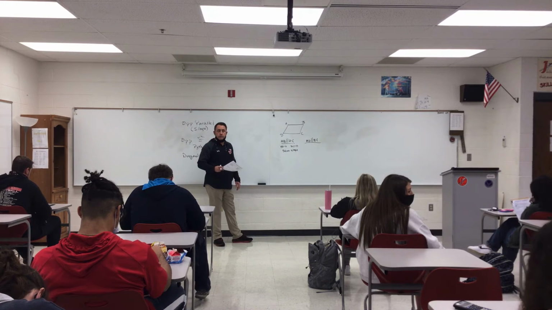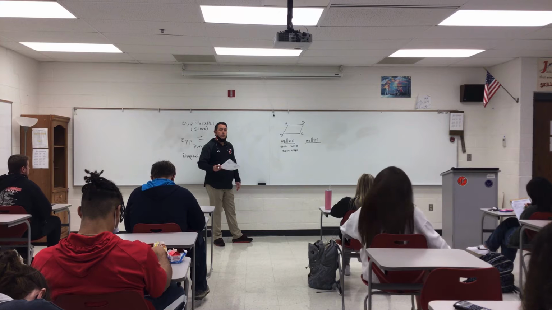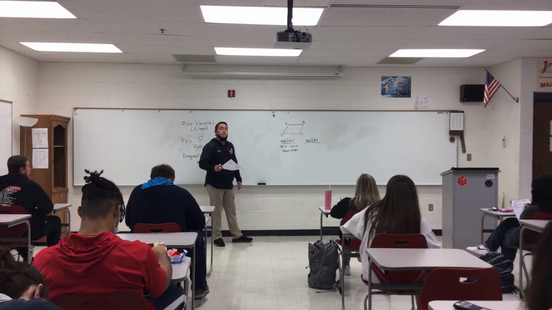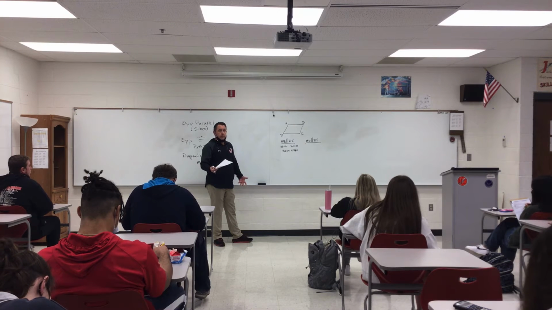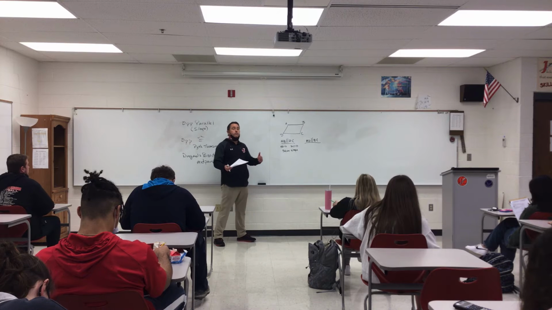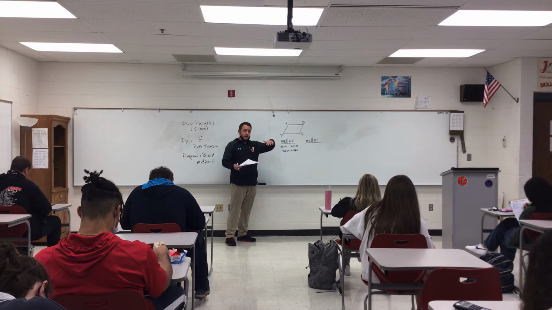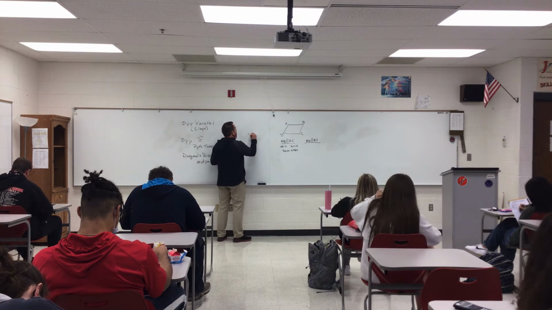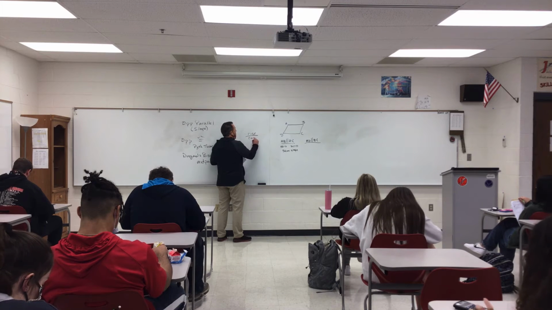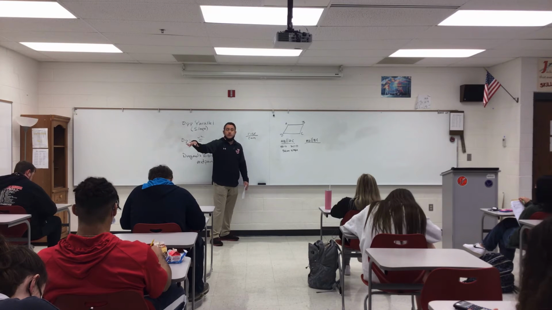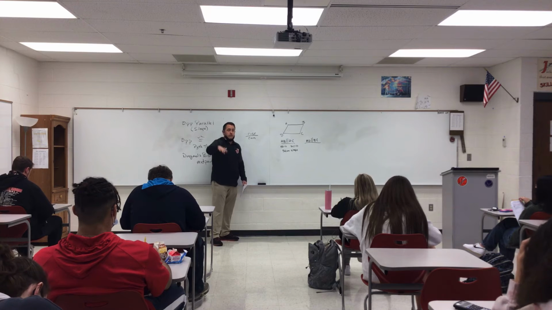Okay, is everybody good? I just wanna know the difference between 0 and undefined. It's because you can't divide by 0, right? So it depends on where the 0 is. Remember, slope is rise over run, correct? When you're doing a horizontal line, there is no rise. It's not going up or down. It just has a run.